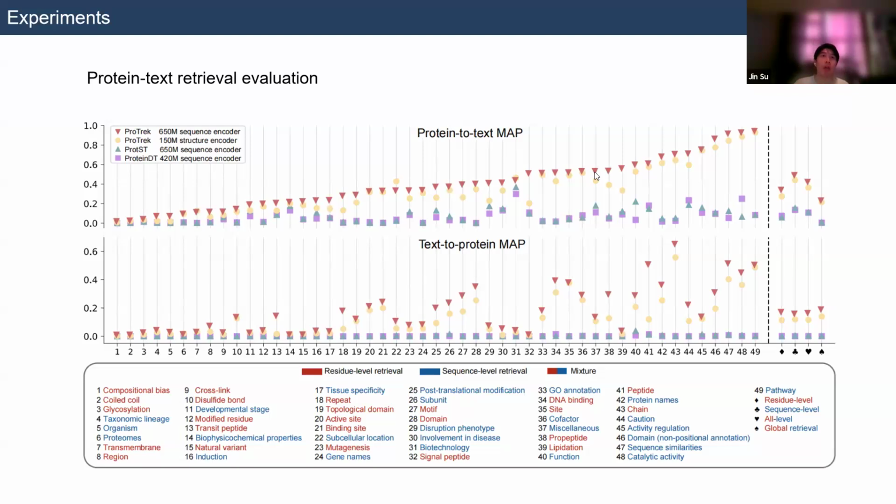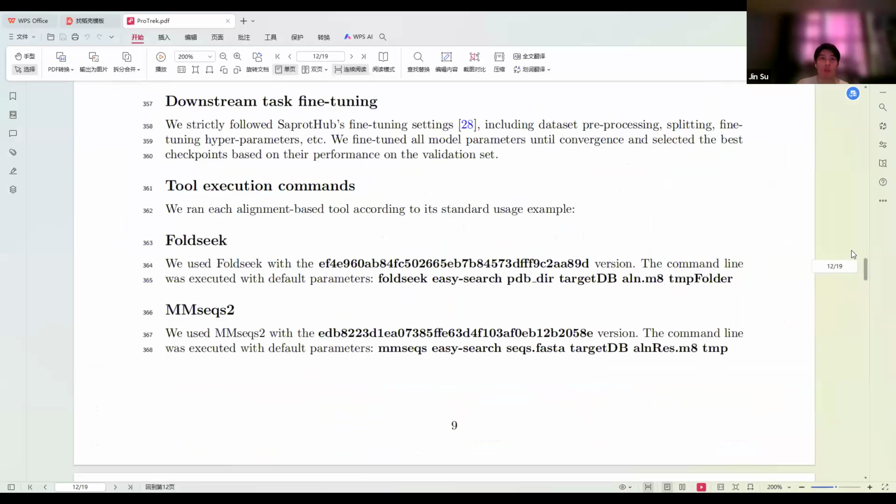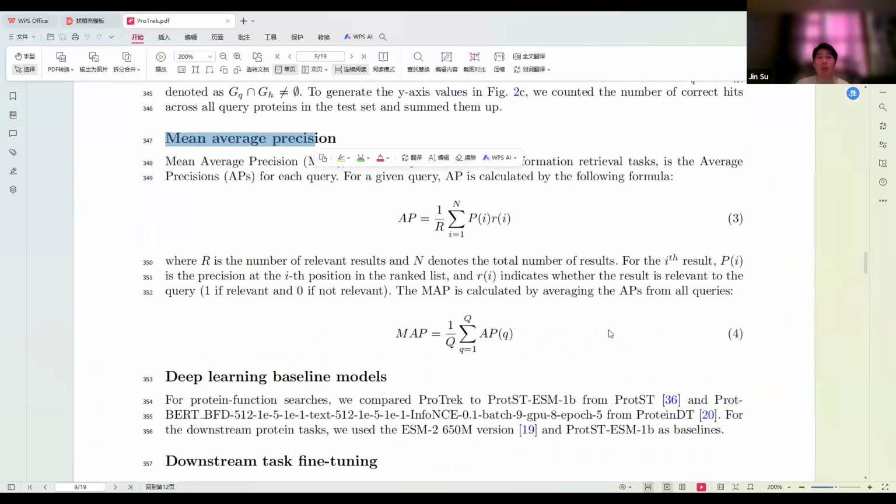If you are interested, you can see our paper in the appendix, where we illustrate in detail how we calculate the mean average precision.